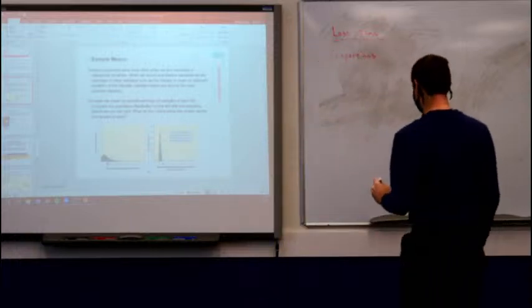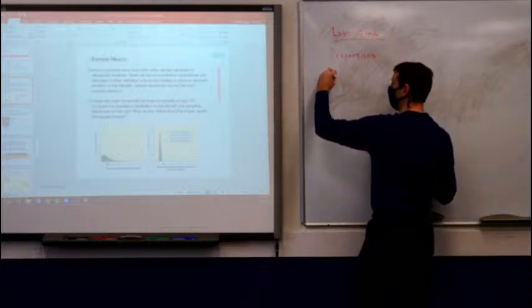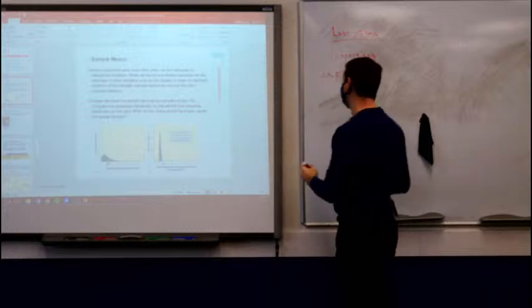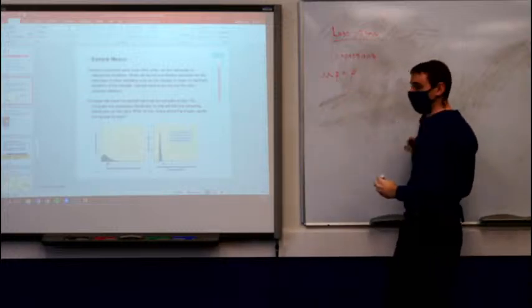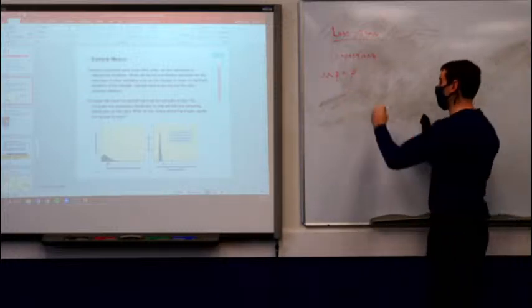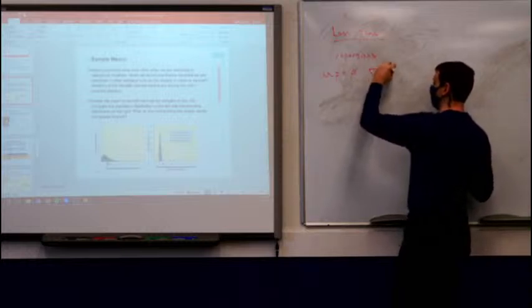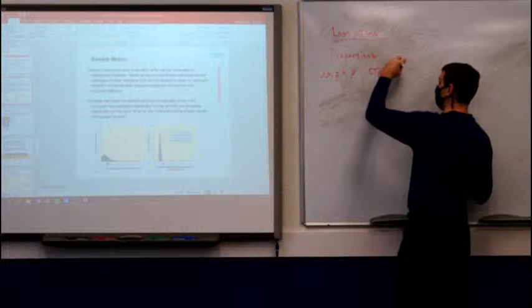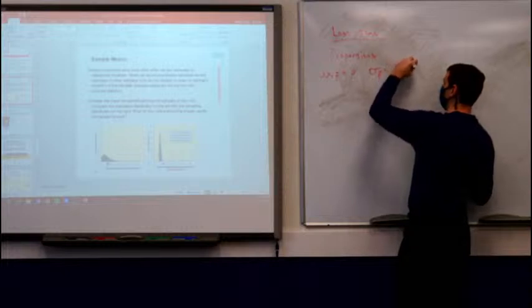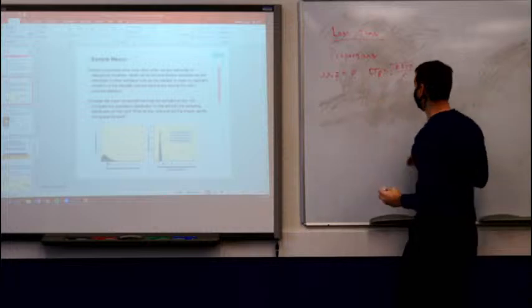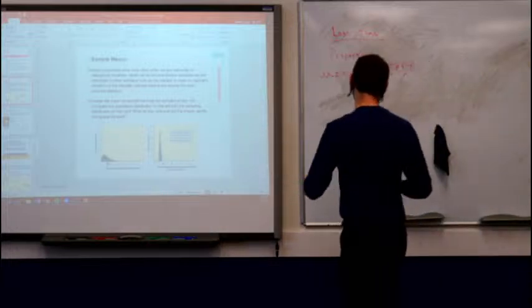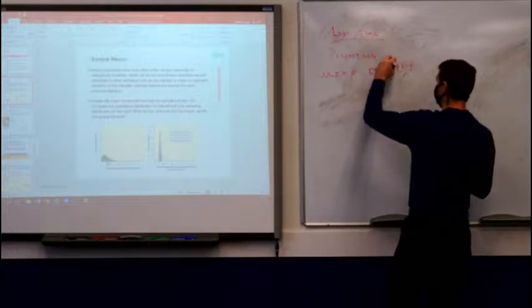And we said that the mean of p hat was just p. And then the standard deviation was the square root of p times 1 minus p over n, or pq over n.